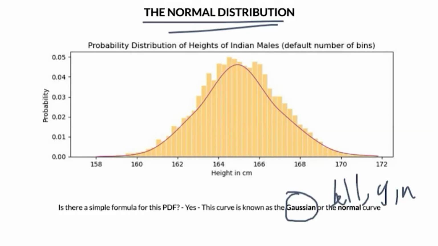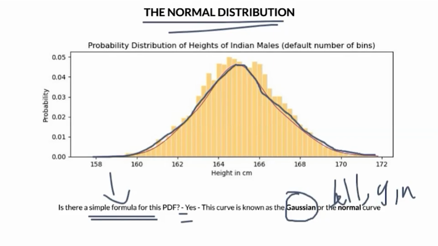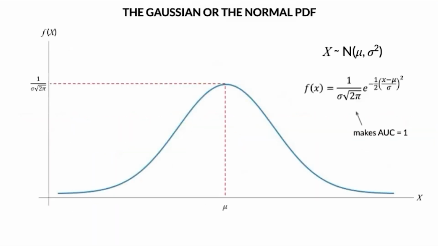Okay, so we have a nice curve which looks like this. My question is, is there a simple formula for this PDF, for this curve? Yes, there is a formula for this curve. That is called the normal or the Gaussian distribution function. And I would say do not get overwhelmed by the formulae. I will explain each and everything. First of all, let's look at this.